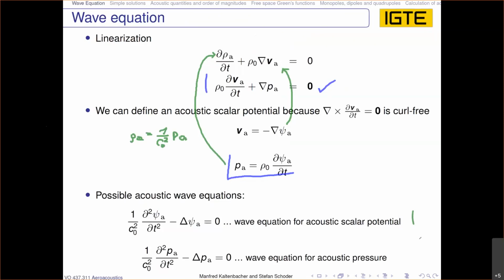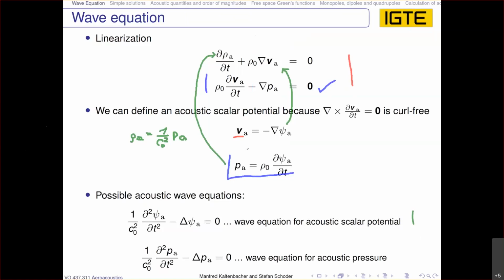And as a third possibility, we can also manipulate these two equations here in such a sense that we get out the same form of a wave equation for the acoustic particle velocity. But then you have to solve a partial differential equation looking similar to this. You just exchange psi a by the particle velocity.